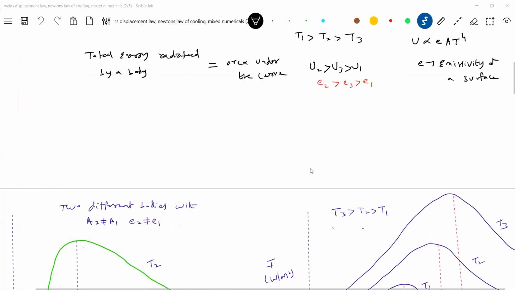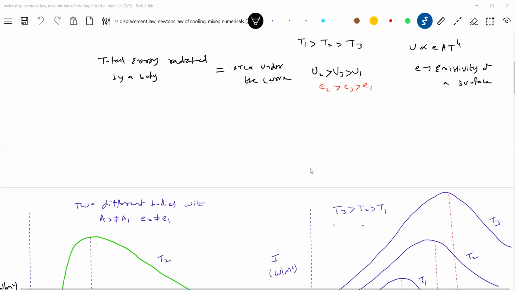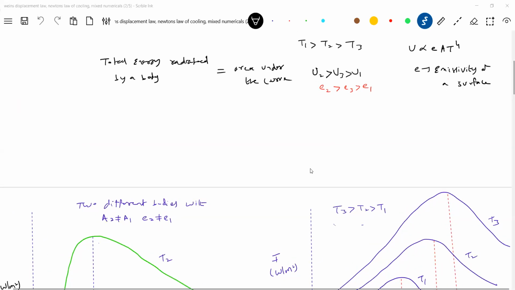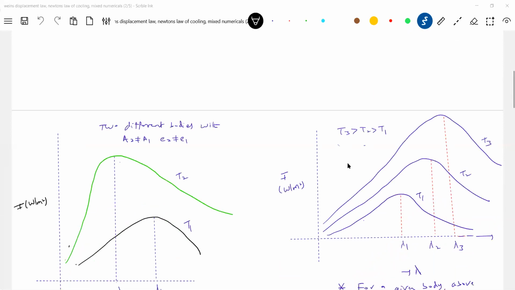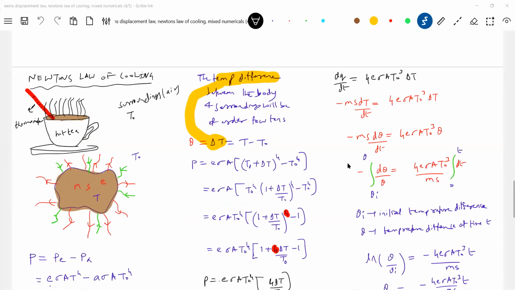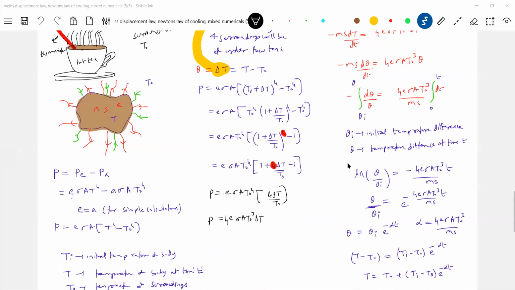Is the screen visible? Yes, sir. I'll continue from here. The graph should be there. Okay, I was doing this one.